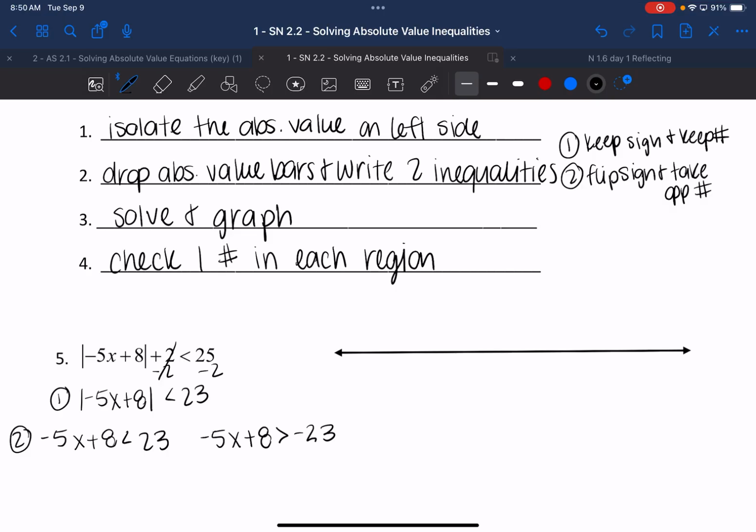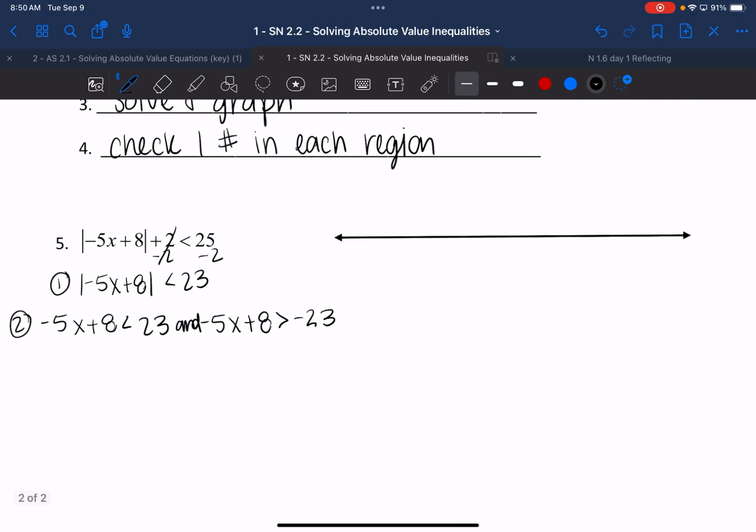And based on the direction that our inequality faced, is this an and or an or? And. Good. So we're already anticipating what this will look like on the number line. Okay? So step number 2, check. Step number 3 is to solve and graph. So what are we going to do first to solve? Subtract 8. What is 23 minus 8? What is it? 15, okay.